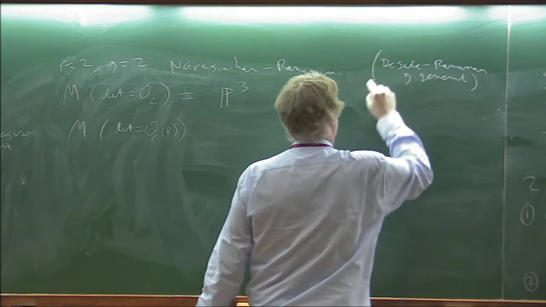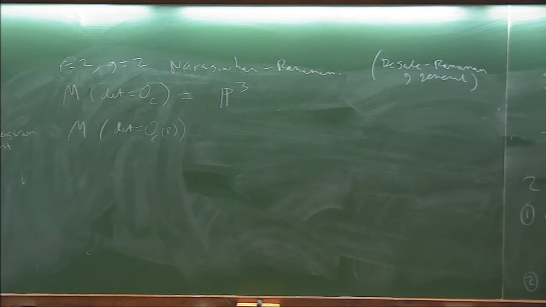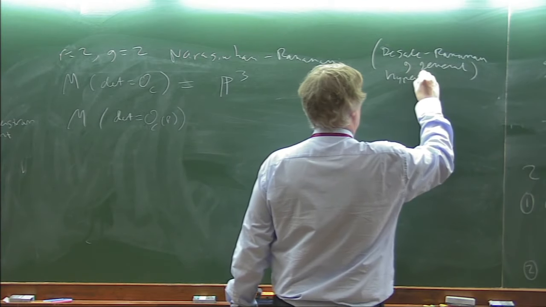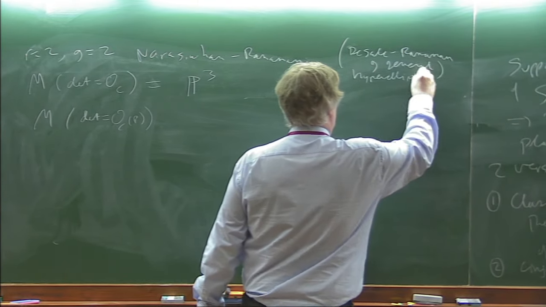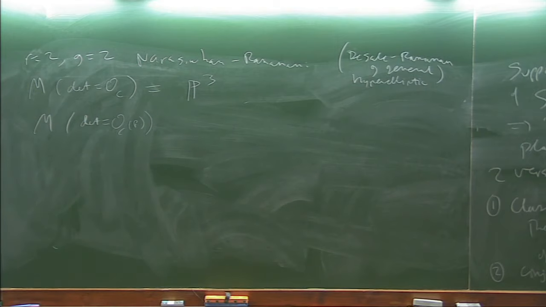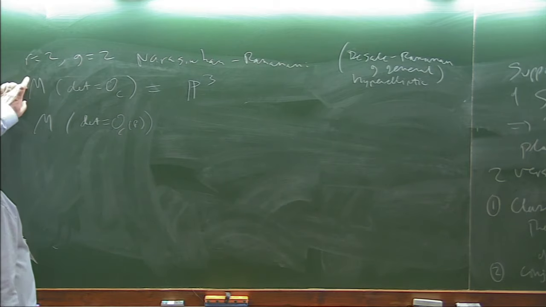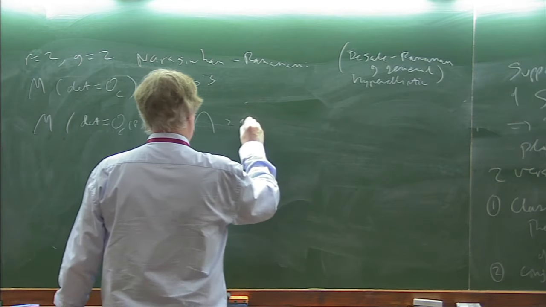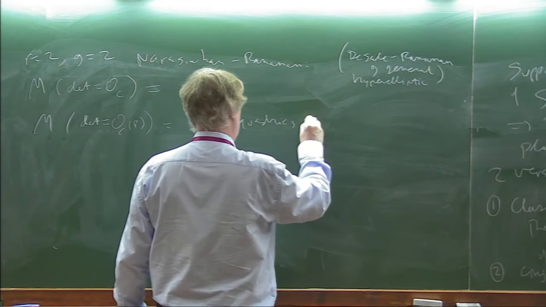So this moduli space is explicitly described for hyperelliptic curves of genus g. But we're not doing that for the geometric Langlands yet. Just in this case, this moduli space is an intersection of two quadrics in P5.